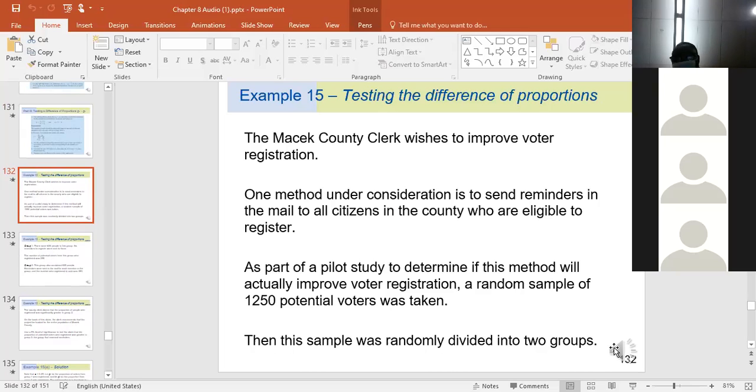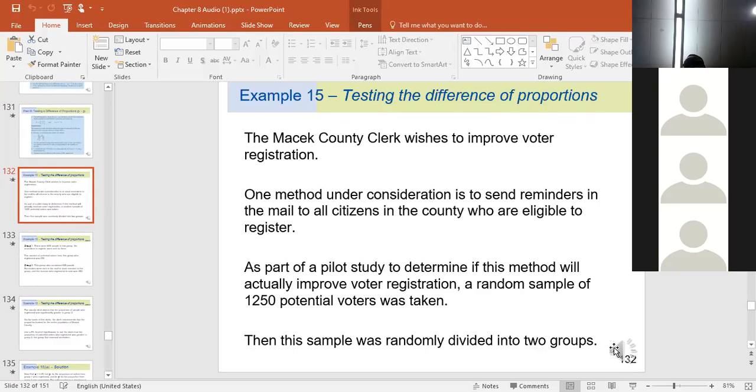So let's do this last example quickly. The county clerk wishes to improve voter registration. One method under consideration is to send reminders in the mail to all citizens in the county who are eligible to register. My mail is full every day of those.